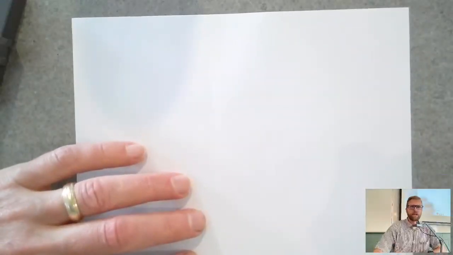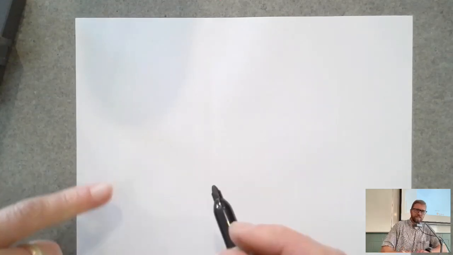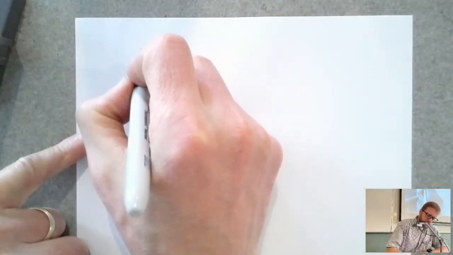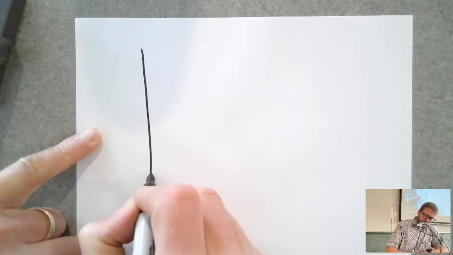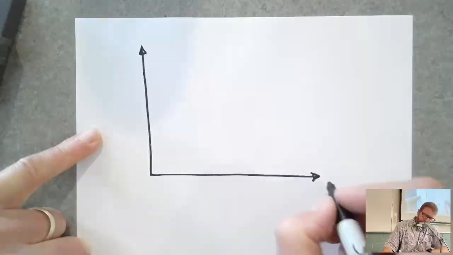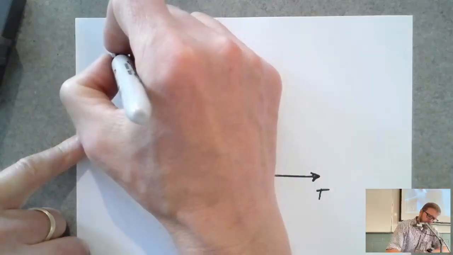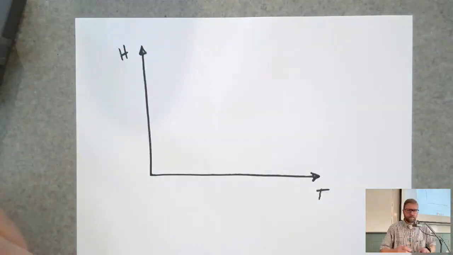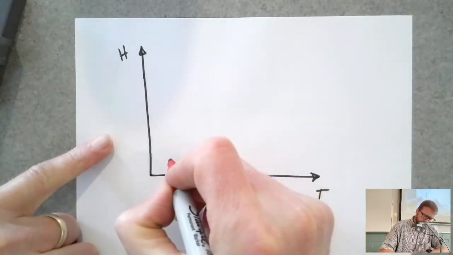All right, do you guys remember heating curves? Something that looks like this? Sometimes it's put Q on the y-axis, but we're going to go with H. And it looks something like this.